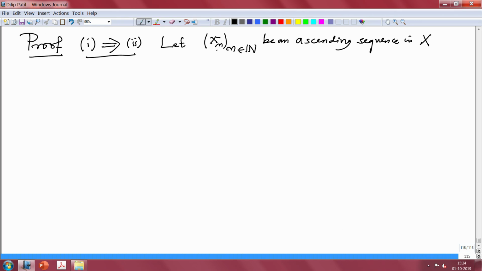That means we are looking for some n naught, so that from n naught onwards all terms are equal. So, consider the subset {x_n : n in N}. Note the difference between the notation.